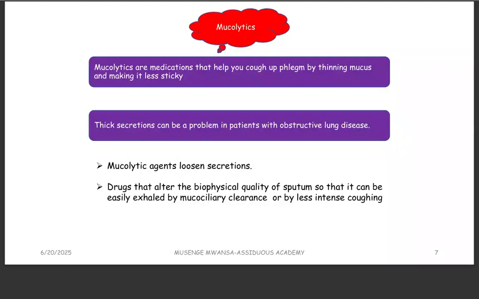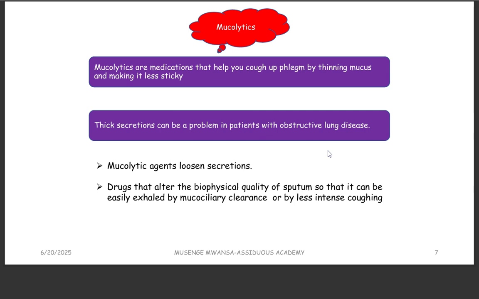So for the mucolytics, these are medications that help you to cough up phlegm or this sputum by thinning mucus and making it less sticky. So mucus lytic, breaking it down. So basically trying to break down the mucus, making it thin and making it less sticky. Thick secretions can be a problem in patients that have got obstructive lung disease.